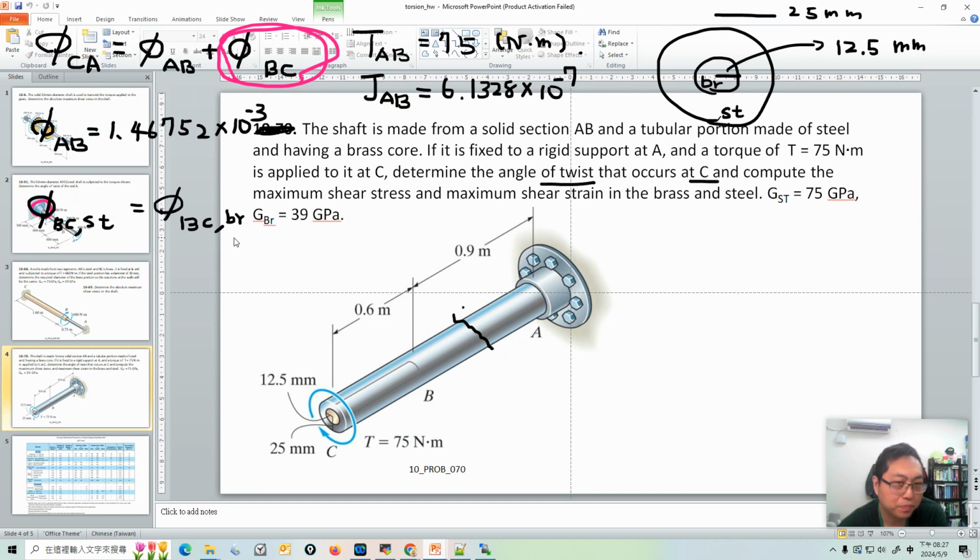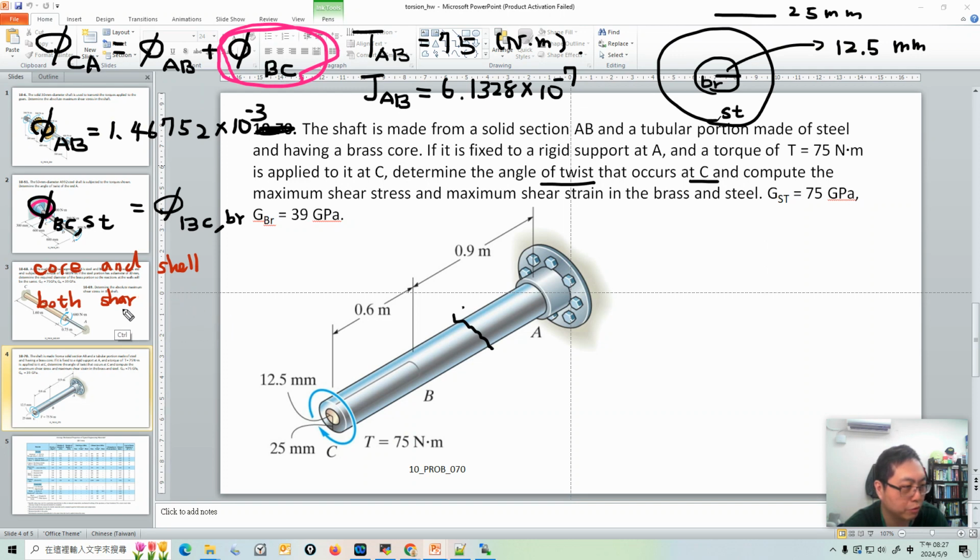First of all, just like I said, we apply the torque here. In this core-shell structure, the core and shell both share, or contribute to, the torque.